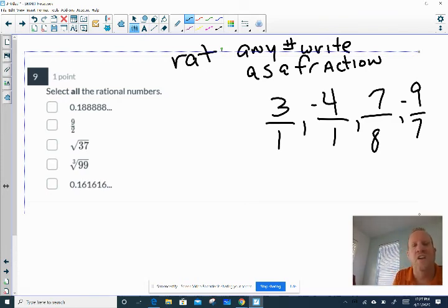Well, let's look at the thing and see if there's any that look like that. Well, look, this one right here kind of looks like that. Okay, so there's one example. The next one is a rational number that is any number that repeats.